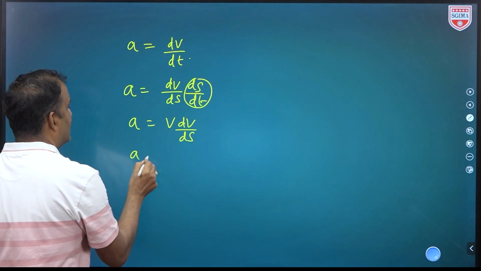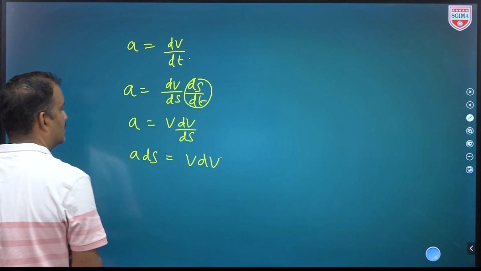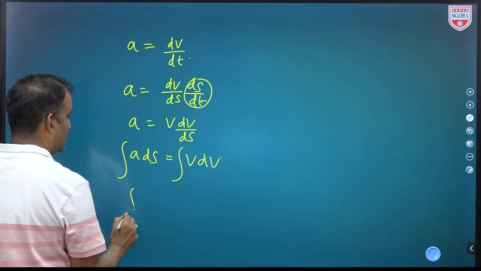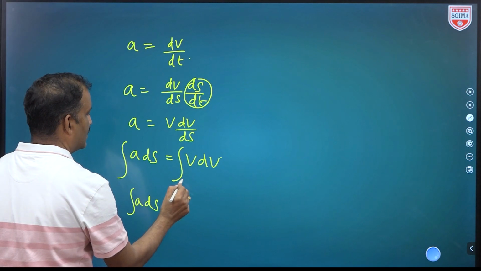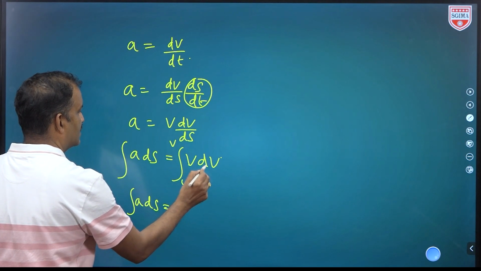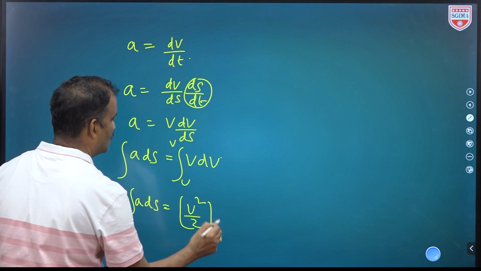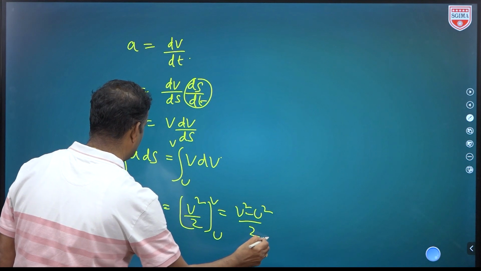So a ds is equal to v dv. If you integrate this, integral of a ds, with initial velocity u and final velocity v, is v square by 2 with limits u to v, so v square minus u square by 2.